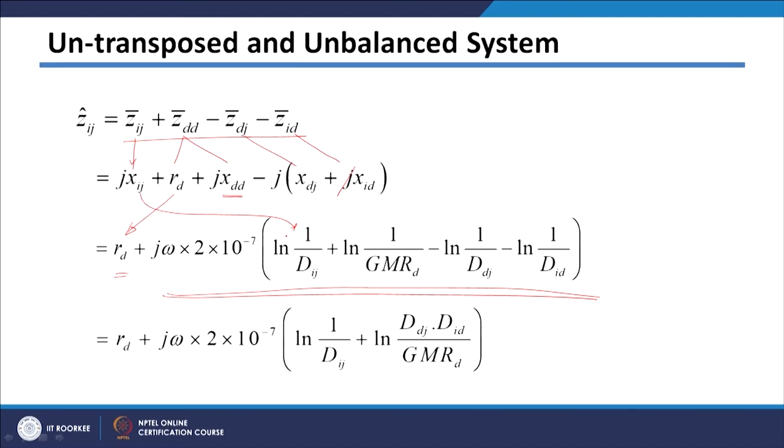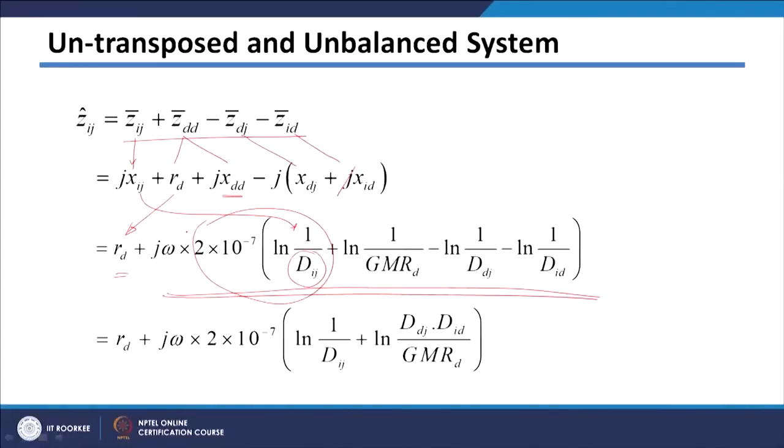This represents your Xij, which, as I told you, is nothing but the mutual impedance between the lines, which we can get from the distance between the two conductors, that is 1 upon Dij into 2 into 10 raised to minus 7, which gives the reactance, or you can say the self impedance of the conductor. This is nothing but the GMR of ground.